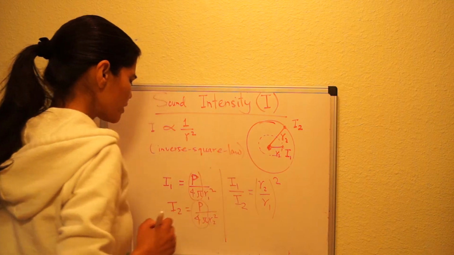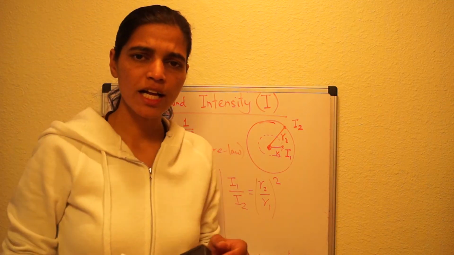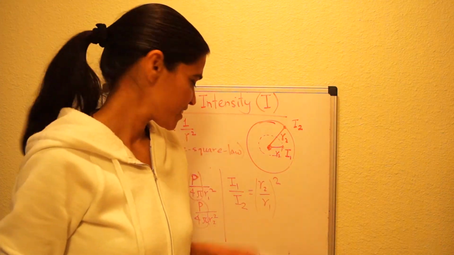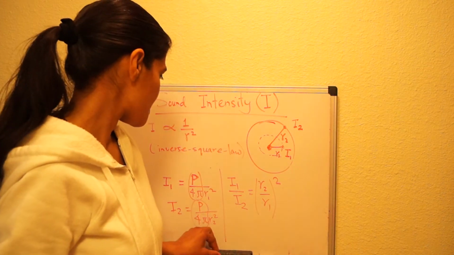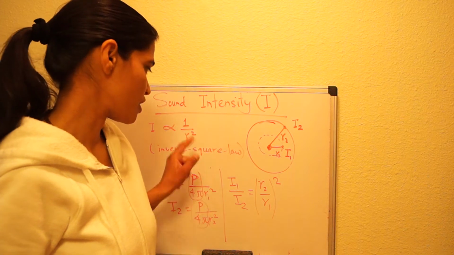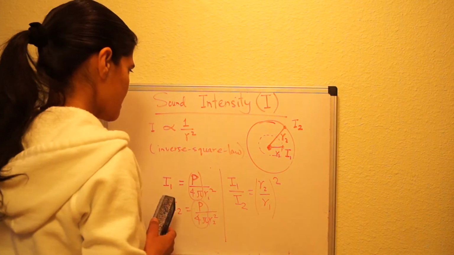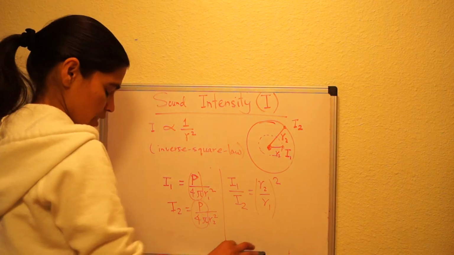Does this look familiar to you guys? I hope it does, because you learned about Newton's gravitational law. It's a similar concept here, inverse square law, okay? Alright, so that's about sound intensity.